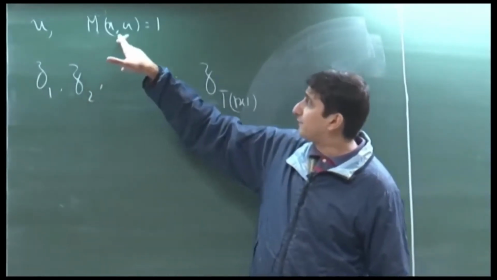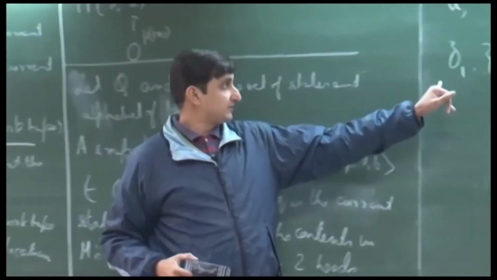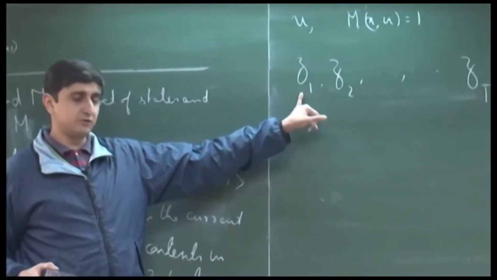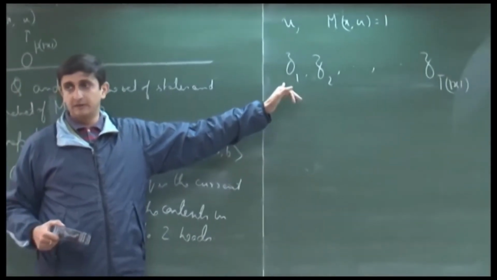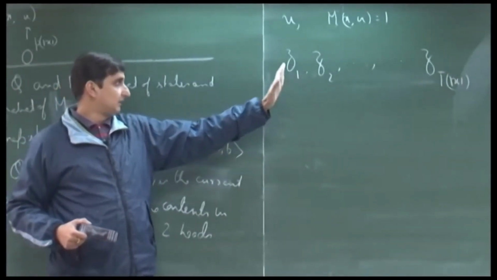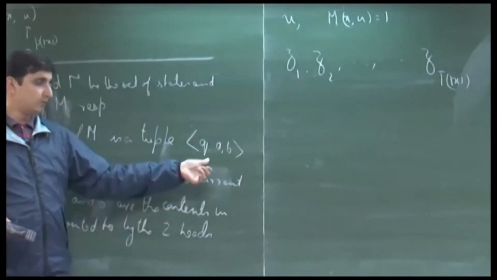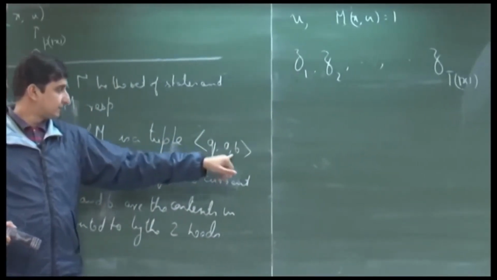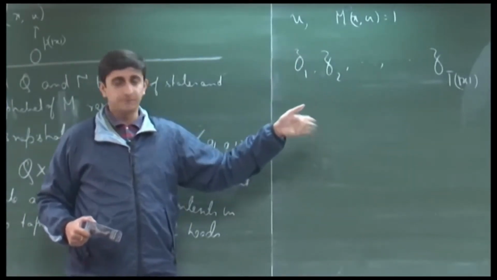How can you check whether this is a correct sequence of snapshots, which determines the fact that M(x, u) is equal to 1? So, firstly you need to check whether the first snapshot corresponds to the initial snapshot or the initial configuration, that is, it contains the start state q, and it contains the first two symbols of the input tape and the work tape.